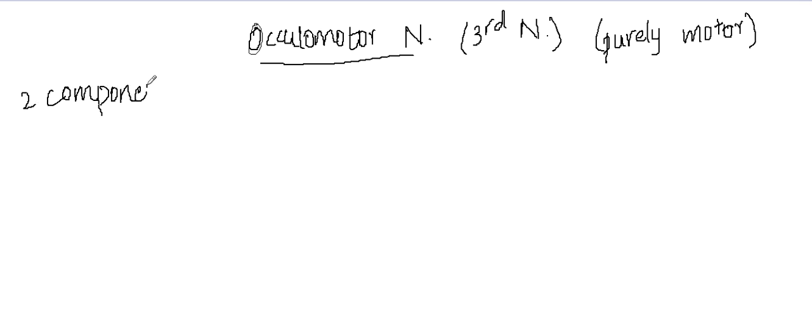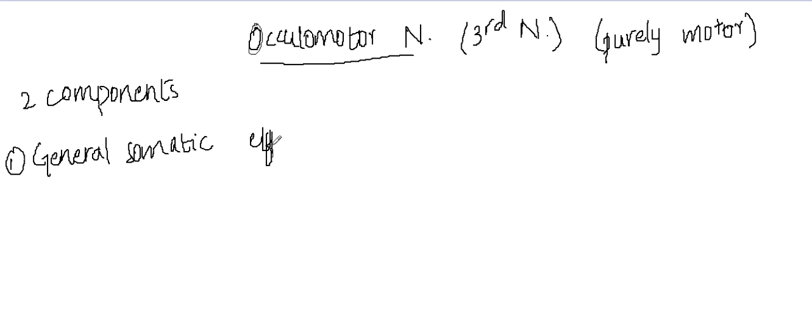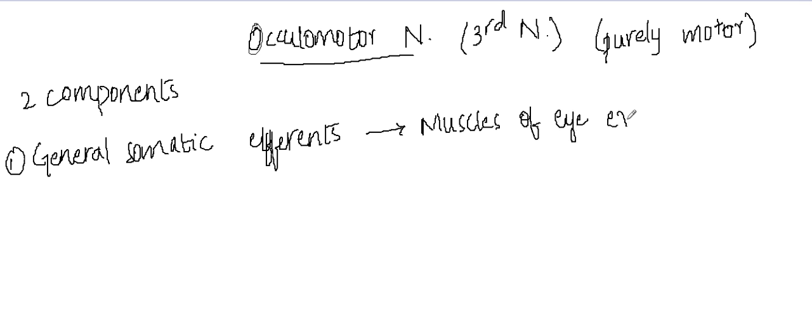The first component is general somatic efferents. As the name implies, these general somatic efferents will supply the muscles of the eye, all the muscles of the eye except lateral rectus and superior oblique.